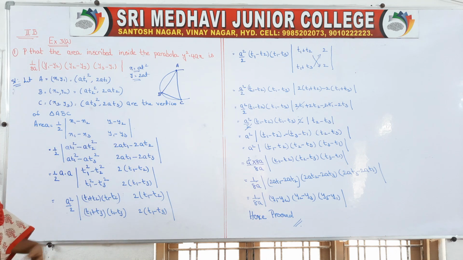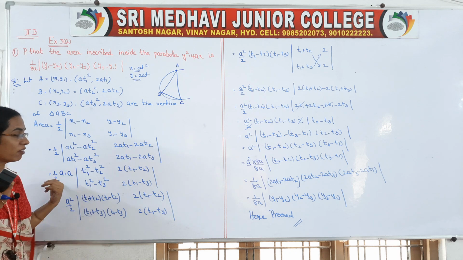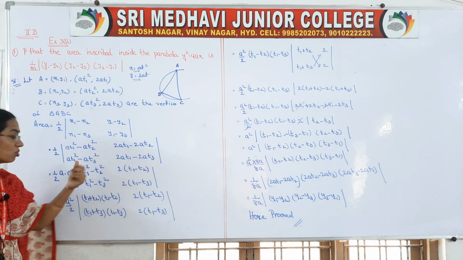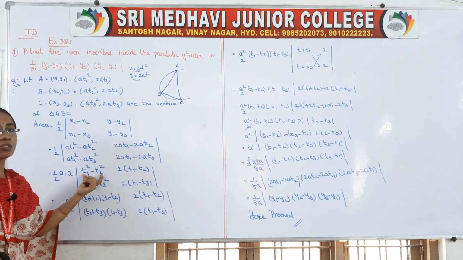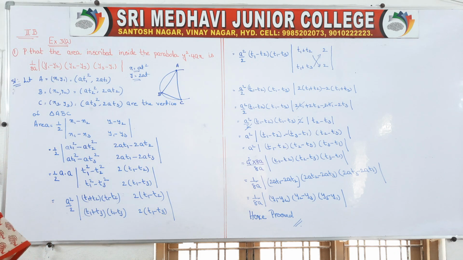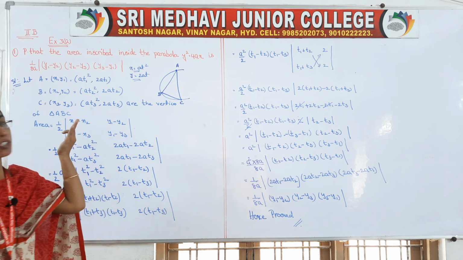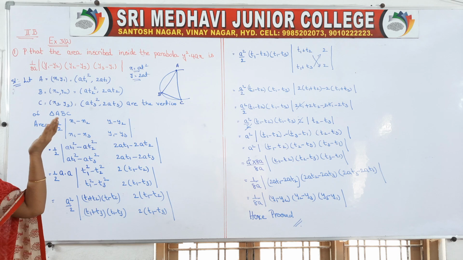Then, by taking some common terms from the row, we have taken a common from the first row. From the second row also we have taken a common. After that, it is of the form a square minus b square, a plus b into a minus b form. Okay. Similarly downwards also. Next again from the first row we can take t1 minus t2 common and from the second row t1 minus t3.